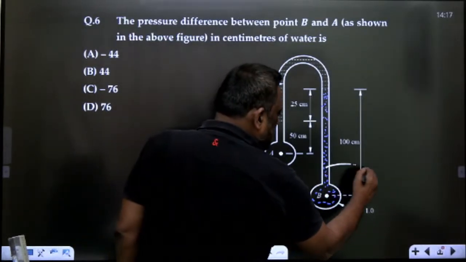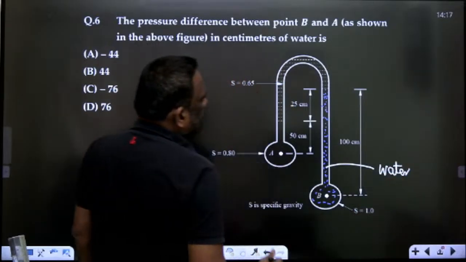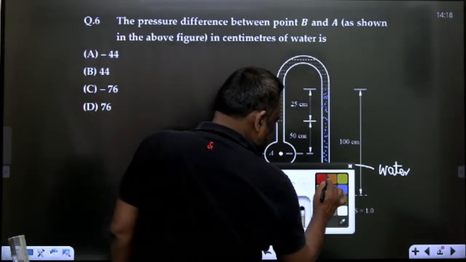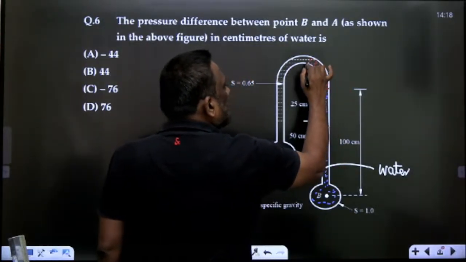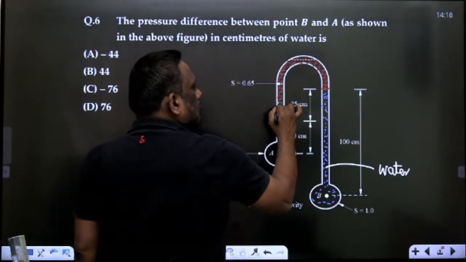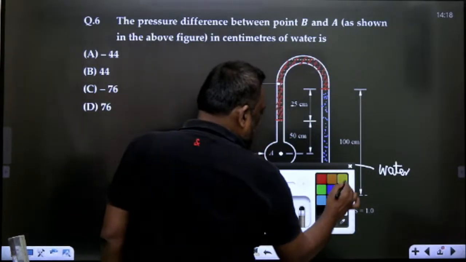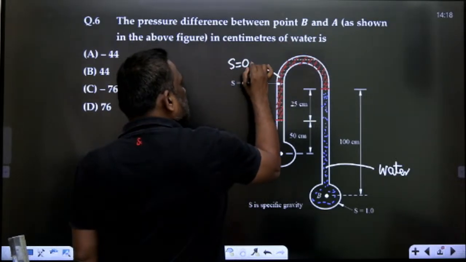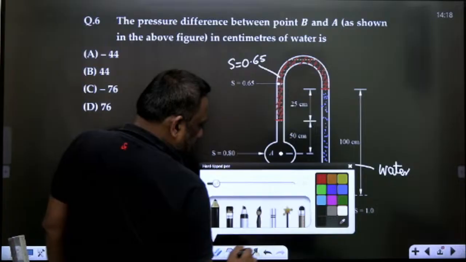Water. So this is water. And this is some other fluid, and the specific gravity of this fluid is 0.65. Now there is another fluid.